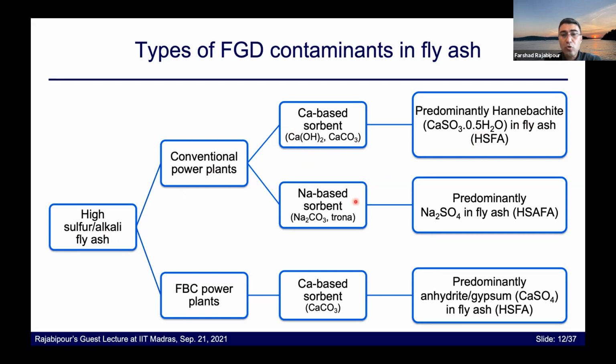You can also have sodium-based sorbents, such as sodium carbonate or trona, and they predominantly make thenardite, or sodium sulfate, that would be present in fly ash. And then you also have the FBC power plants that use primarily calcite as the sorbent, and predominantly they form calcium sulfate in the form of anhydrite or gypsum in the final fly ash.